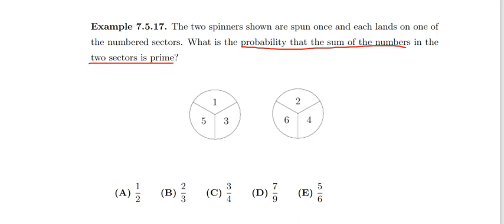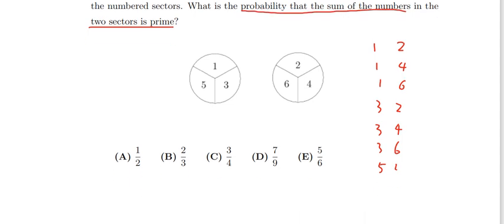How many cases could there be? If this is 1, it could be 1, 2, 1, 4, 1, 6, right? Or 3, 2, 3, 4, 3, 6, and it could be 5, 2, 5, 4, 5, 6.